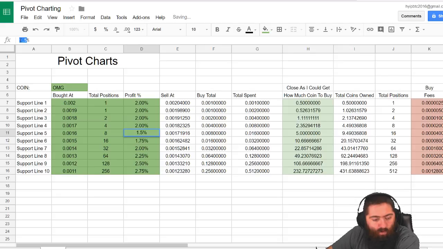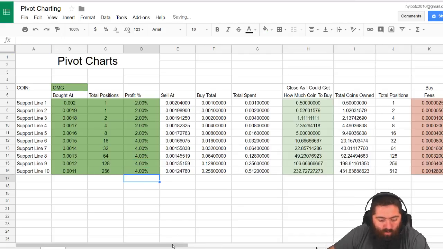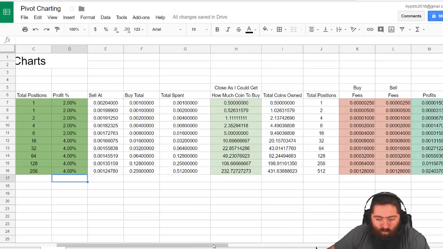Get them all changed to 2. And we'll change these to 4. Alright. So now we have profits all the way down.